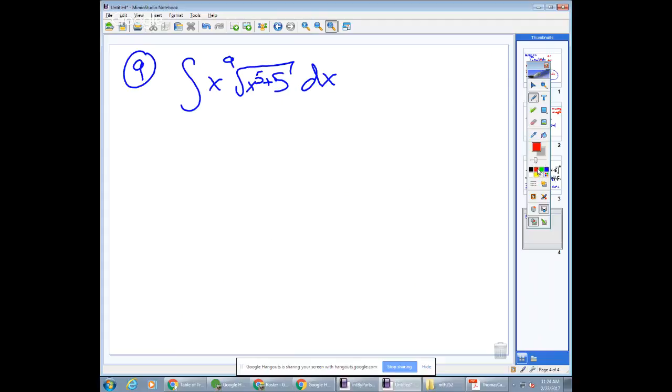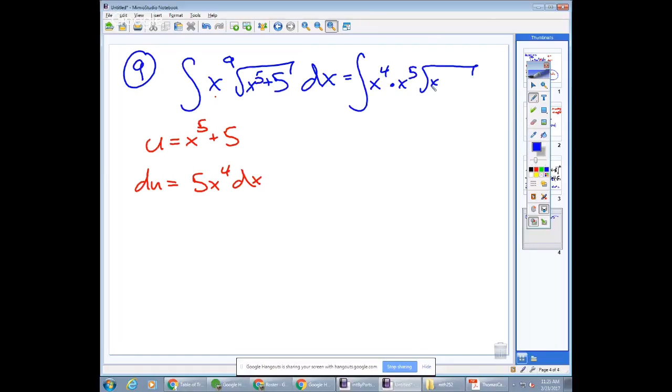What if we did a regular u substitution of x to the 5th plus 5? Then du would be 5x to the 4th dx, right? Now, unfortunately, I have an x to the 9th out there. Can we somehow get rid of that? If we rewrite this, what if I say that's x to the 4th times x to the 5th times the square root of x to the 5th plus 5 dx.